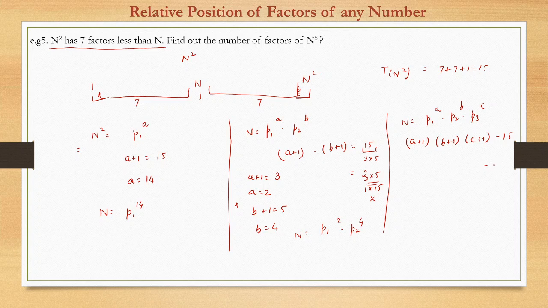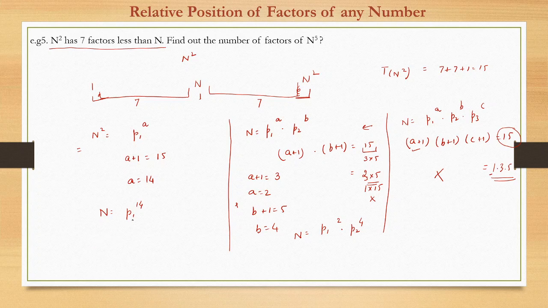I mean it can be written as 1 into 3 into 5. But if it is 1, then one of the numbers would become 0, giving b plus 1 into c plus 1 is equal to 15, which is same as this case. Otherwise it cannot be written as a product of three numbers greater than 1. Hence this case is not possible.